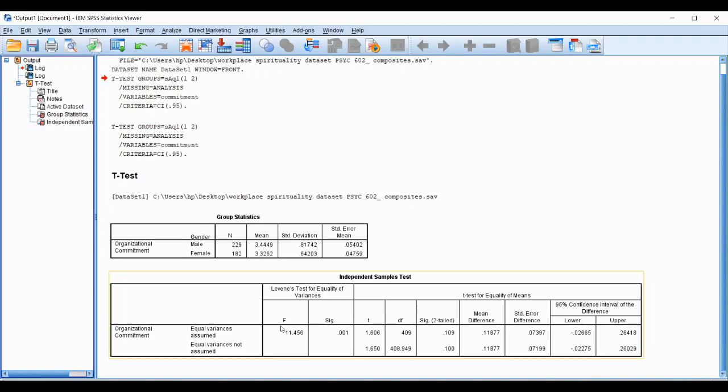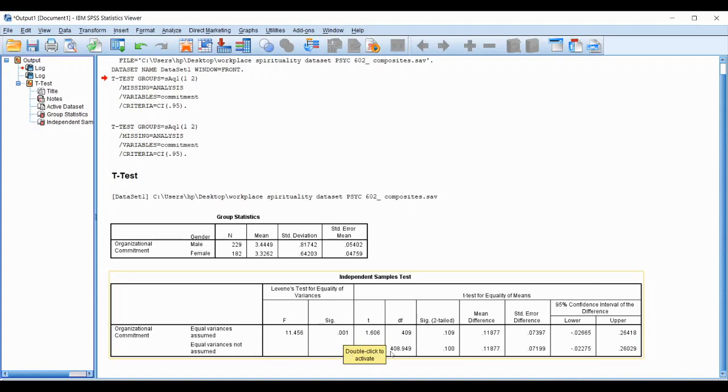At the same time, you can also use the F. When the F value is greater than 1, it tells you that the variances are not equal. From this, since the Sig is less than 0.05, we are supposed to assume that the variances are not equal.